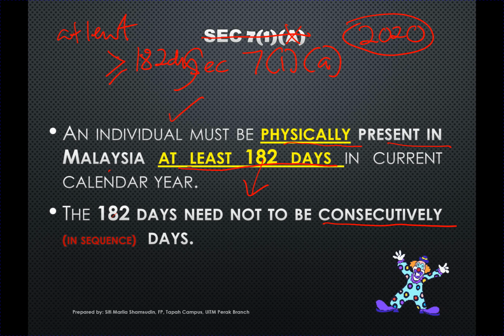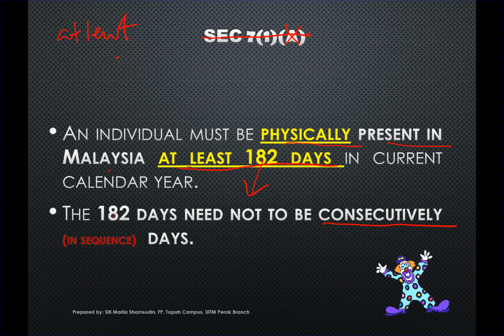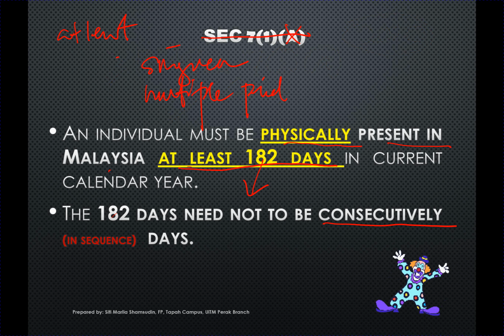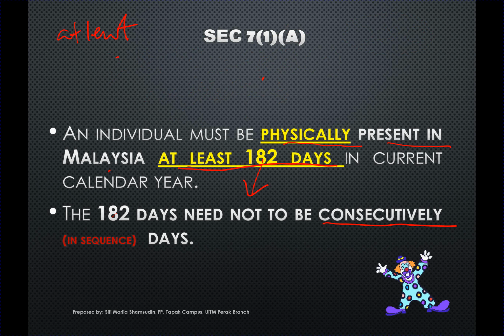Dan dia tak kisah berterusan pun boleh ataupun tak berterusan pun boleh. Ayat law kita panggil it can be singular period ataupun multiple period dia tempoh duduk. Single period pun boleh, multiple period pun boleh.